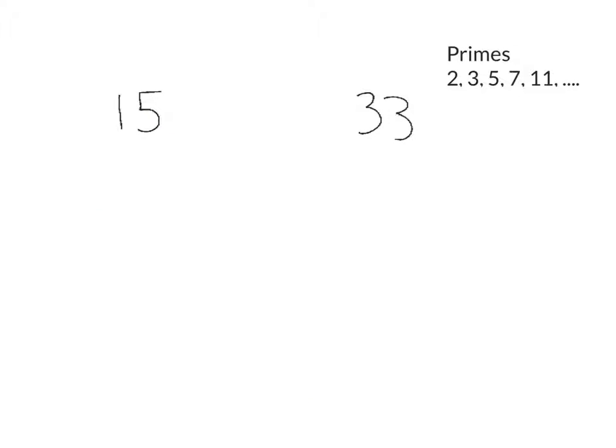So now let's talk about this idea of how to break down these numbers. When I break down a number that's a composite number, and remember a composite number is a number that can be broken down into a second multiplication pair, I'm going to break this number down, 15, into something other than 1 times 15. So one way I can do that is 5 times 3.